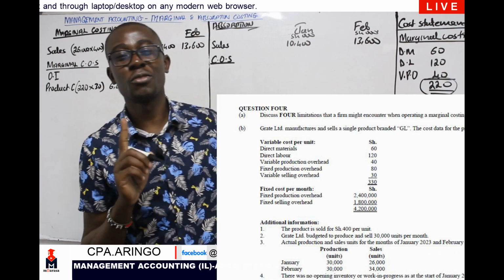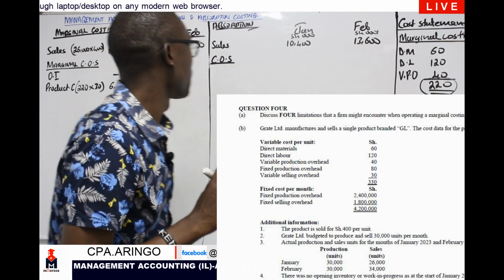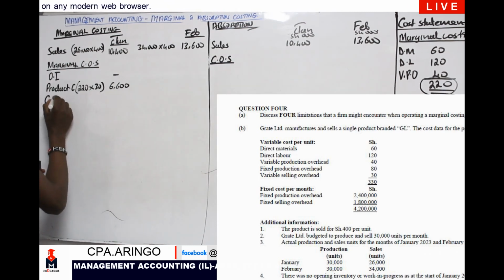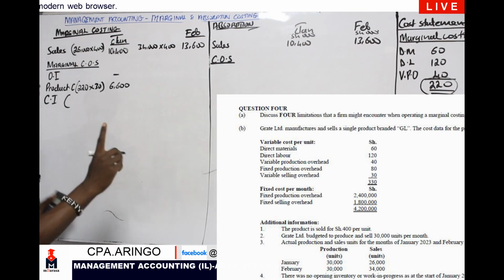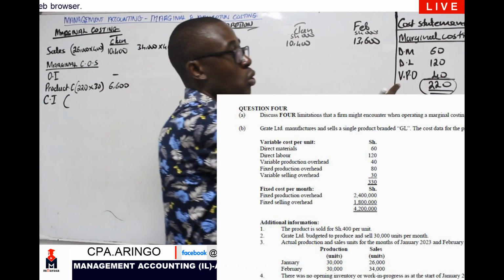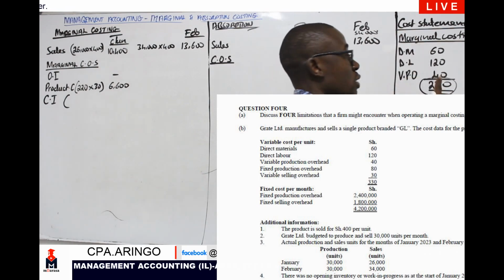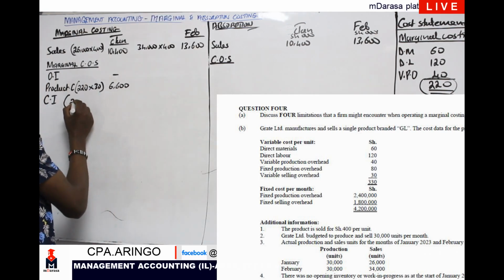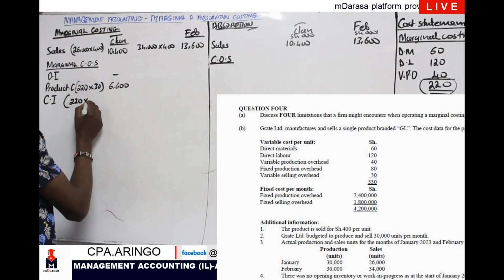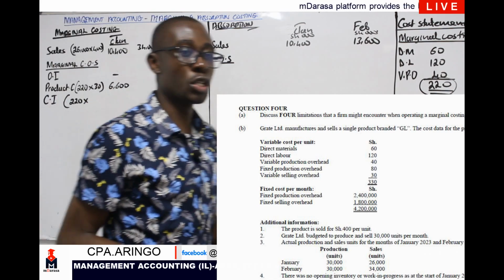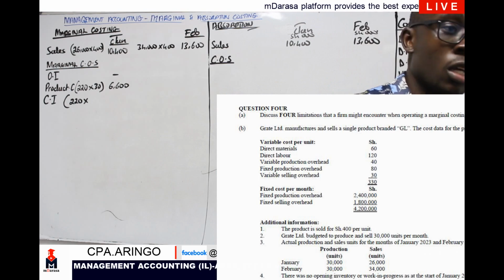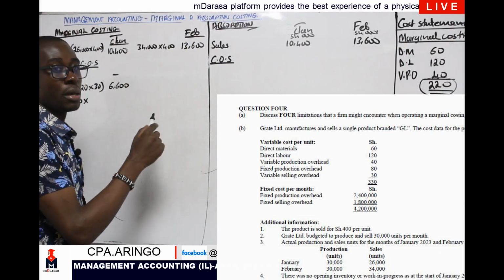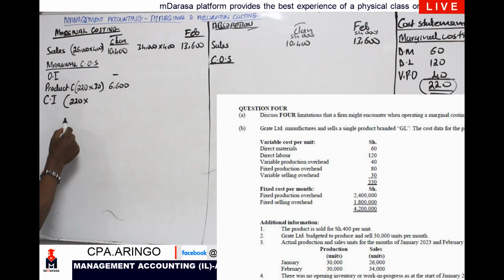Go to the next bit, closing inventory. What is our closing inventory? We go back to our product cost statement. That's why it was very important for us to prepare this, which I'm having 220. How many units did we produce?